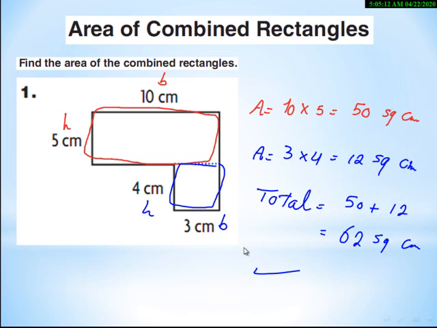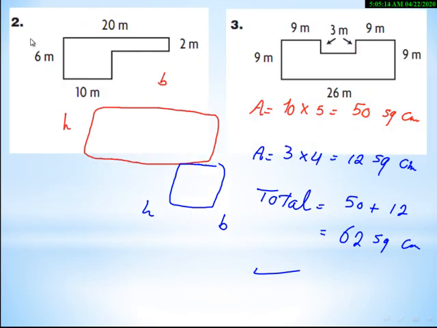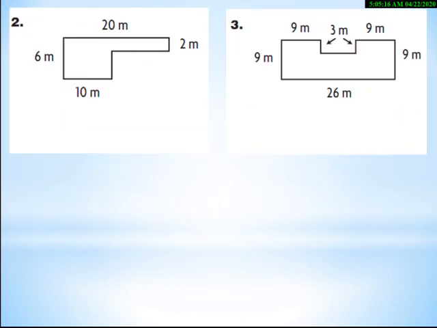Let's do another one. Example 2. We should follow our method, the area formula. At first, you should draw a line segment like that to divide the whole figure into two rectangles.